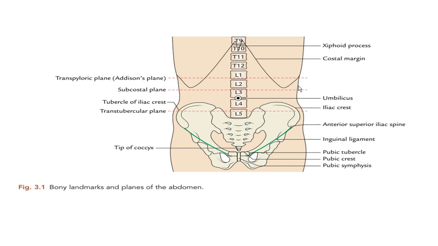The cartilages of the seventh, eighth, ninth and tenth ribs form the costal margin, and the right and left costal margins run upward and medially toward the xiphoid process, as you can see in this picture.